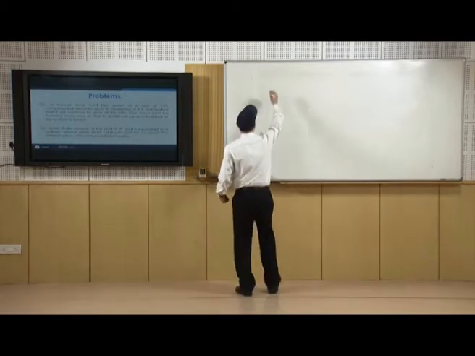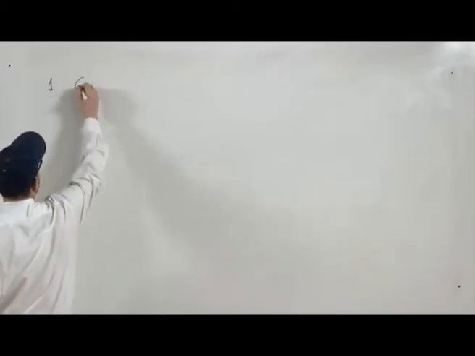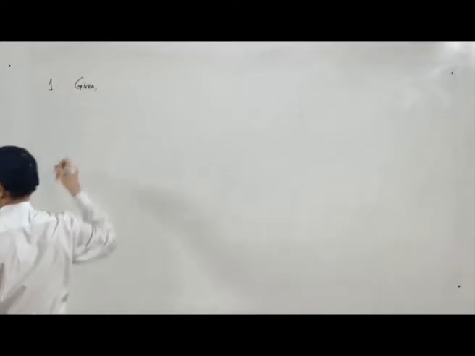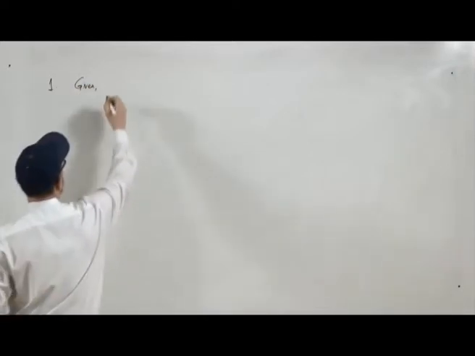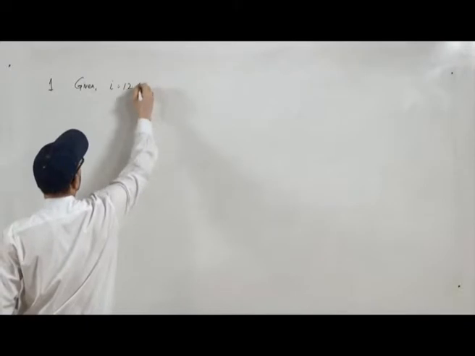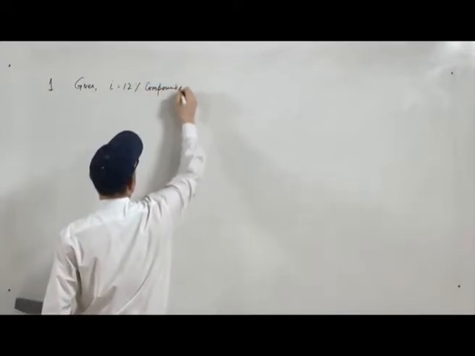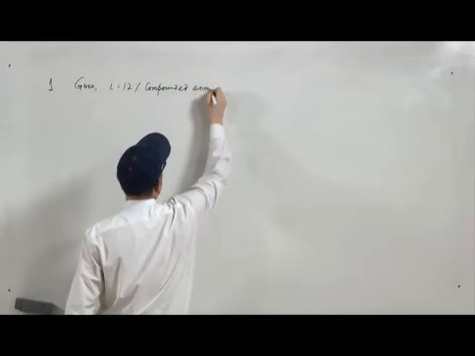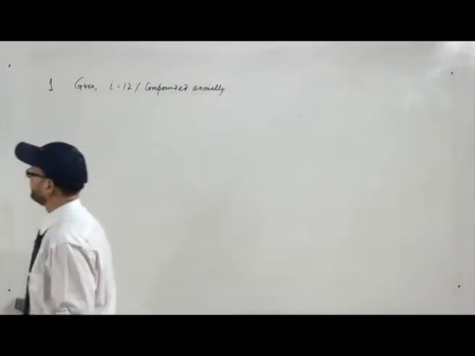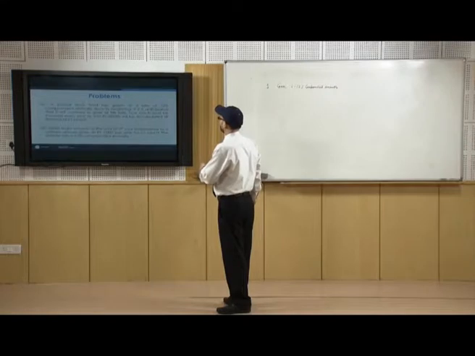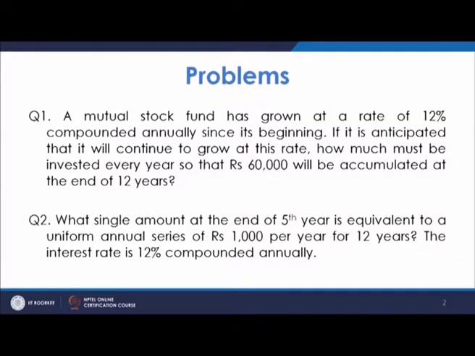What is given, we will write first. I is 12% compounded annually. Then it is said that rupees 60,000 will be accumulated at the end of 12 years.